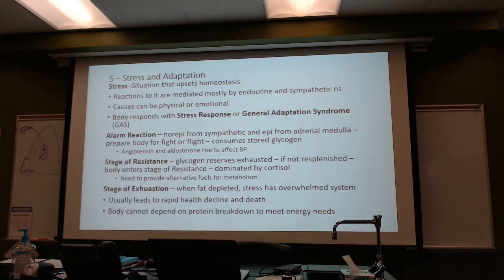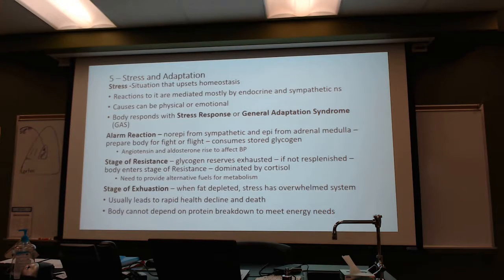it becomes chronic. And under times of chronic stress, the body's reaction begins to get mediated by my endocrine and my sympathetic nervous system. This is when the stress is going to begin to kill you.